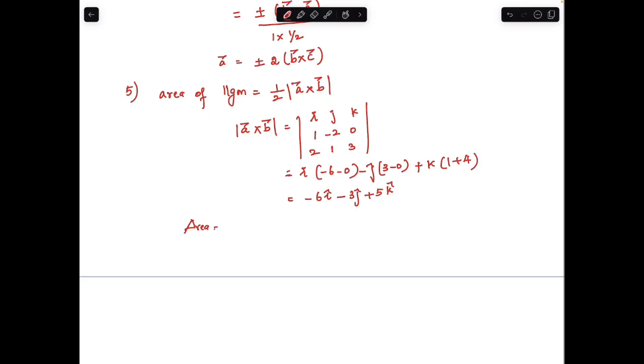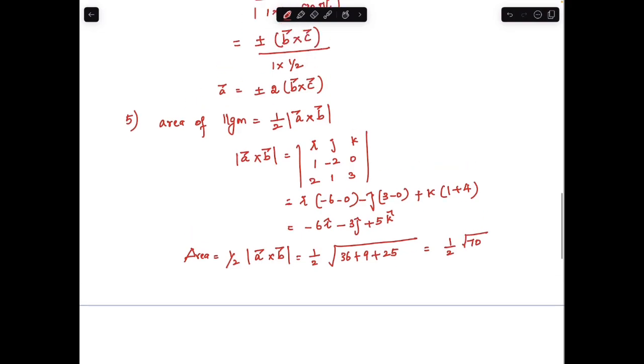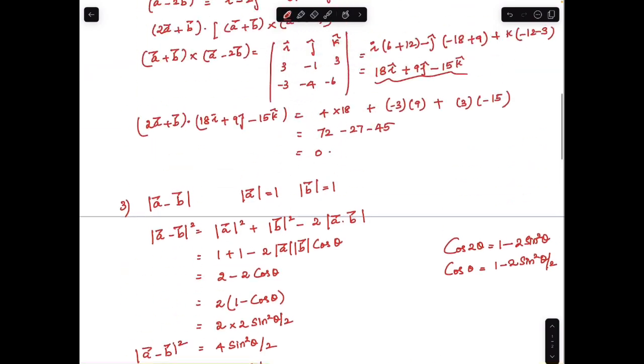Area is equal to half times the magnitude of A cross B. That is half times square root of 36 plus 9 plus 25. That is 1 by 2 times root 70. So the option is C.